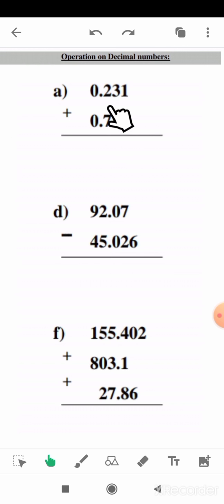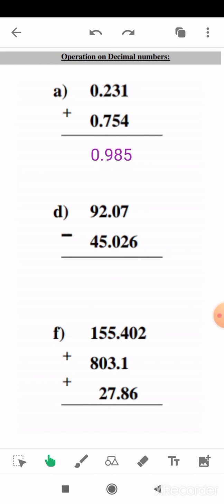Here tenths under tenths, hundredths under hundredths, thousandths under thousandths. Okay, and make plus from here. So we have 1 plus 4 equal 5, 3 plus 5 equal 8, 2 plus 7 equal 9. Okay, and put the point, 0 plus 0 equal 0.